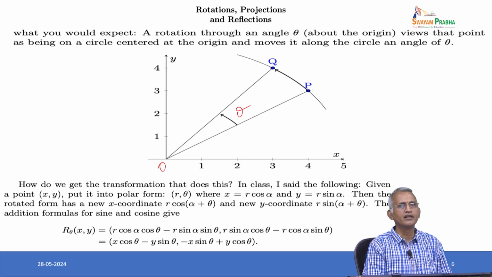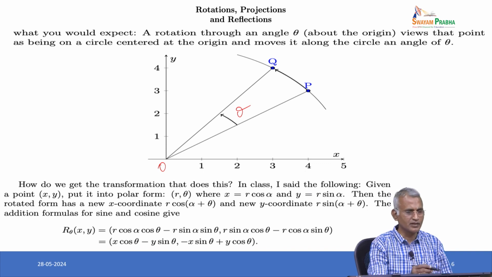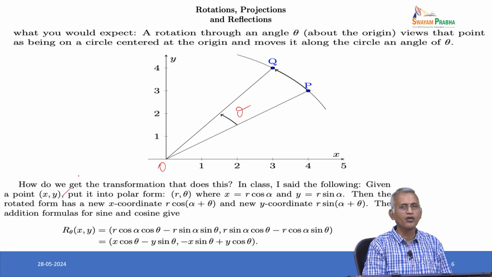So, how do we get the transformation that does this? In class I said the following: given a point x comma y, put it into polar form r comma theta, where x equal to r cos alpha and y equal to r sin alpha. Then the rotated point has new x coordinate r cos of alpha plus theta, and new y coordinate r sin of alpha plus theta.